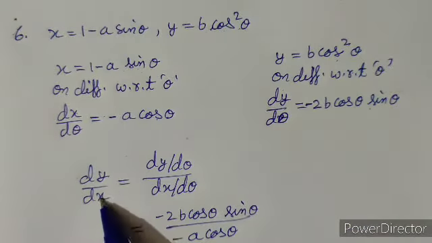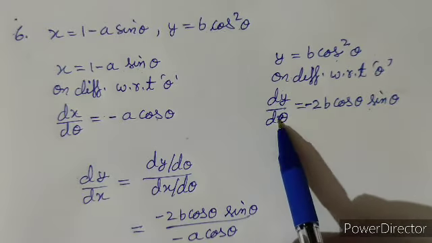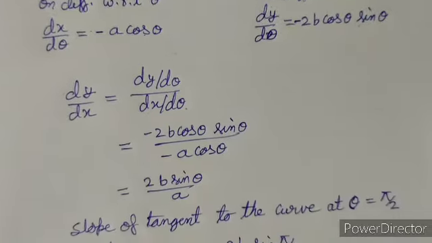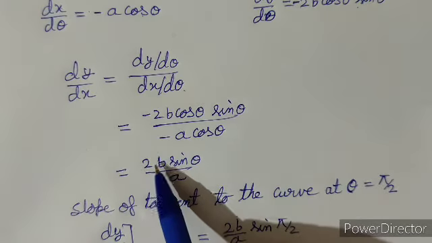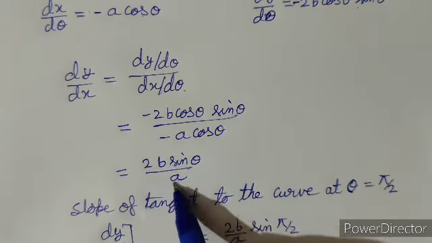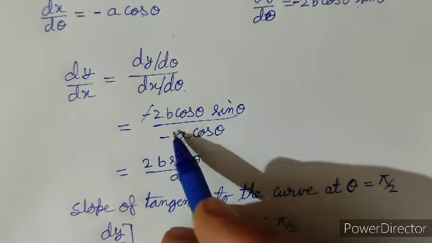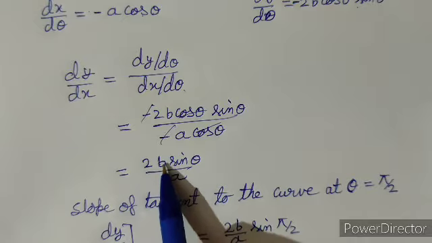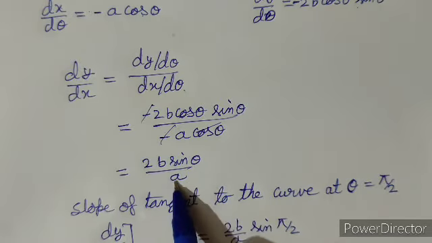Now dy/dx = (dy/d theta) / (dx/d theta). The minus and cos theta cancel out, and that gives us 2b sin theta upon a.